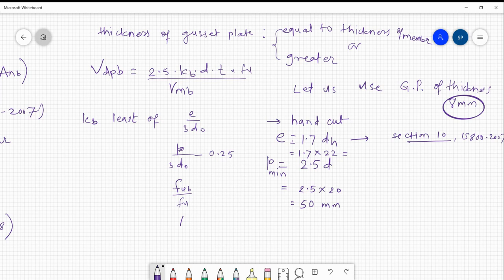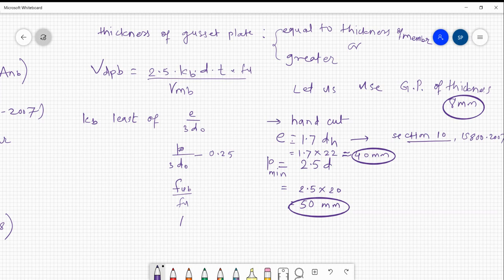So whatever value you are getting, it has to be rounded to next higher multiple. So it will be 40 mm. So E value you will be getting 40 mm, pitch you are getting 50 mm. So 40, 50, that is known to you now. D0 is nothing but diameter of hole. So this DH or D0 are the same, diameter of hole.